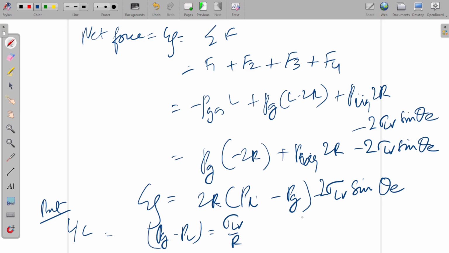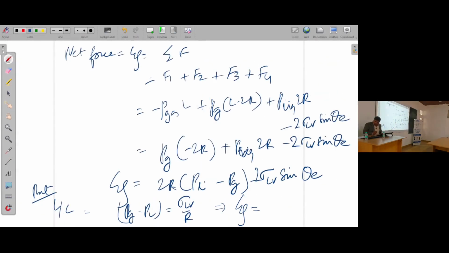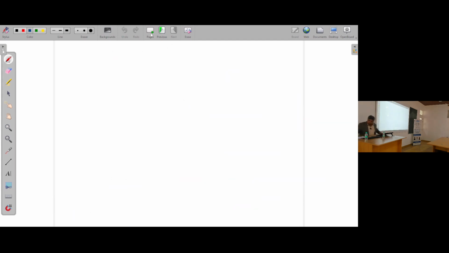If you substitute all of these things here, you will get your net force, chi, as something like 2R, R will get cancelled, you'll get sigma LV divided by R minus 2 sigma LV sine theta E, something like that. Okay? So R will get cancelled.